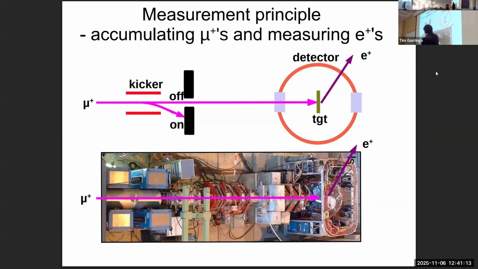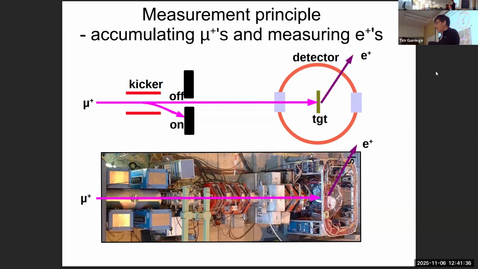Basically, a pulsed beam of muons is injected into a target material, and they stop in that target material and basically prepare a source of muons for you. Beam comes in, stops in a target, the beam goes off, you've got a source of muons, like you might have a radioactive source.